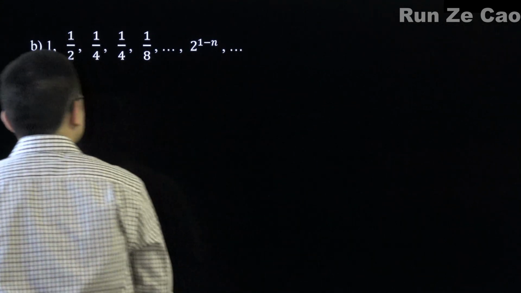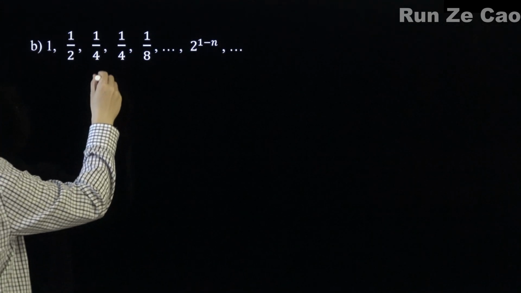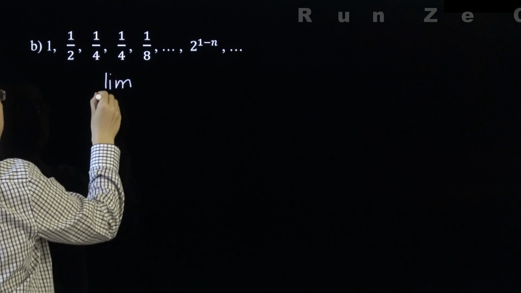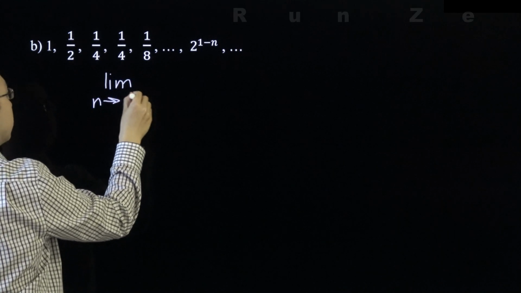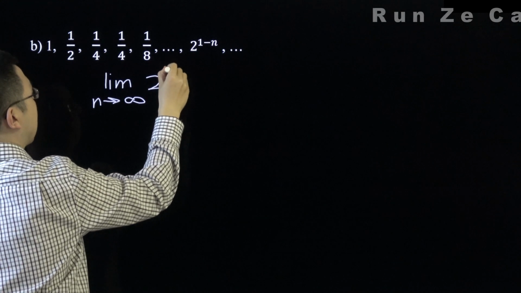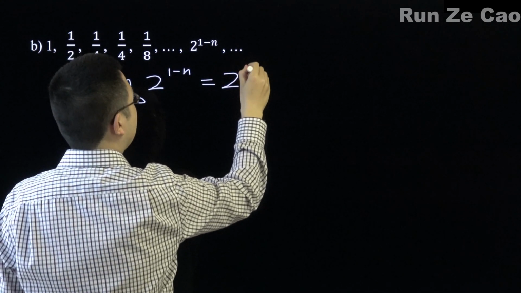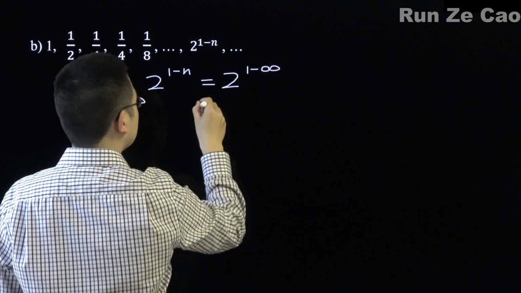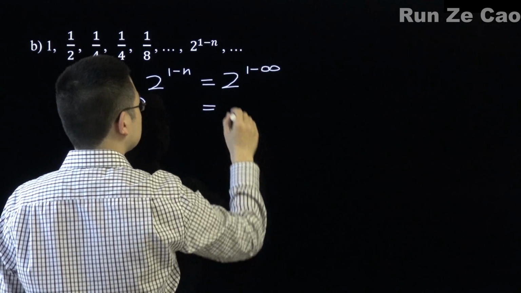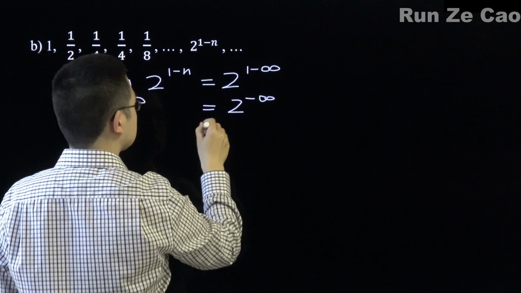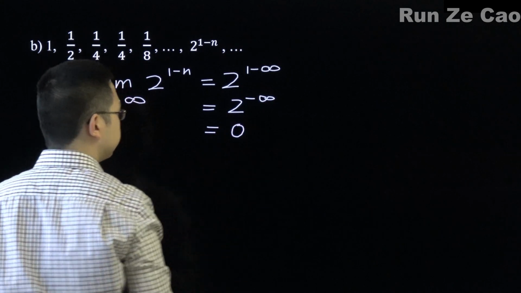Okay, so here we have the limit of n approaches infinity of 2 to the power of 1 minus n, which is equal to 2 to the power of 1 minus infinity, which is equal to 2 to the negative infinity, which is 0.